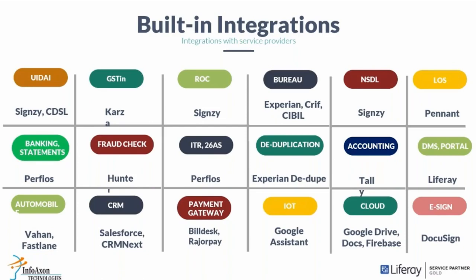In case you want your integration to be done with any IoT devices, we have integration with Google Assistant as well. And for cloud storage, you can use Google Drive, Firebase, Azure storage, etc. All these integrations are already in place and built in when you deploy Pylon in your environment, and you can use any of these from day one.